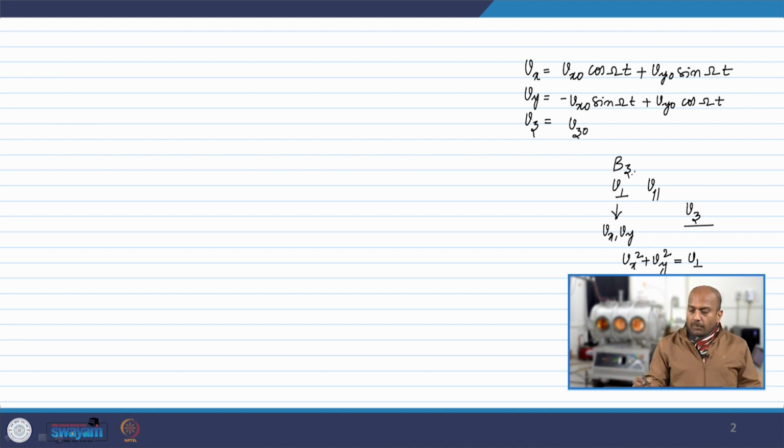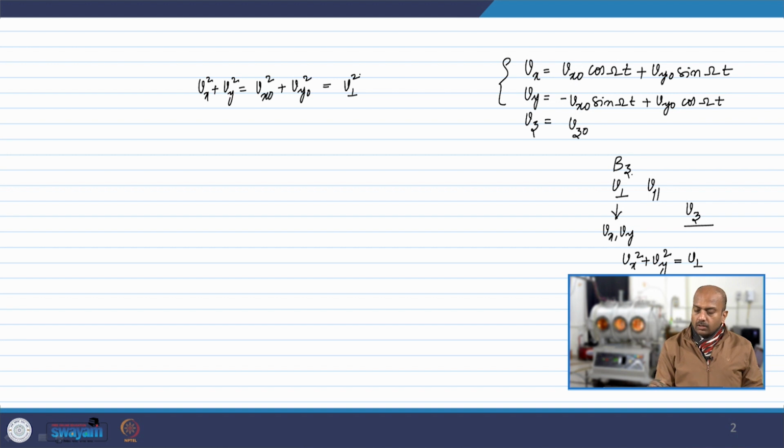Right. Now if we combine, we have already done this, right? Vx square plus Vy square turns out to be Vx0 square plus Vy0 square. We can call this the V perpendicular square.